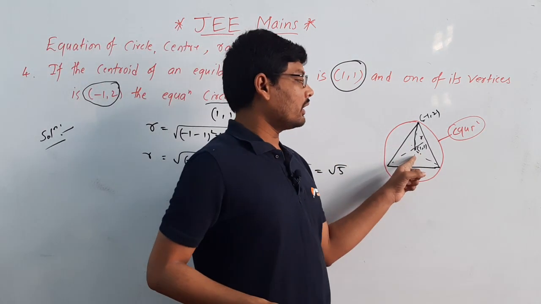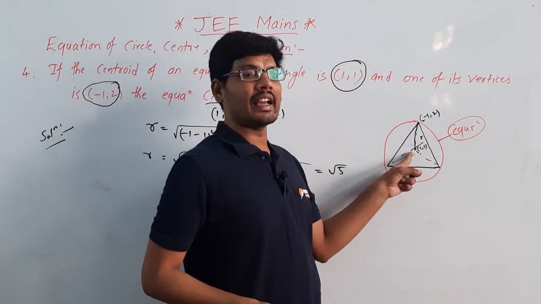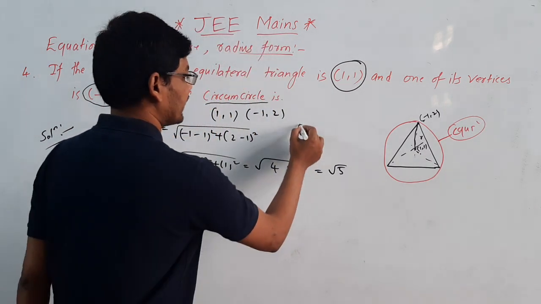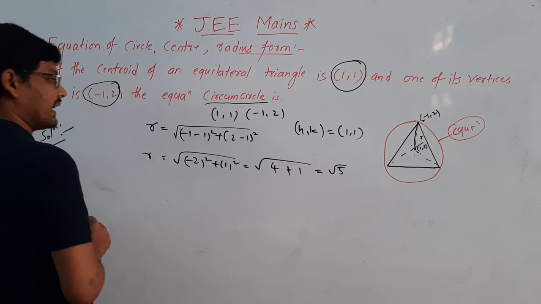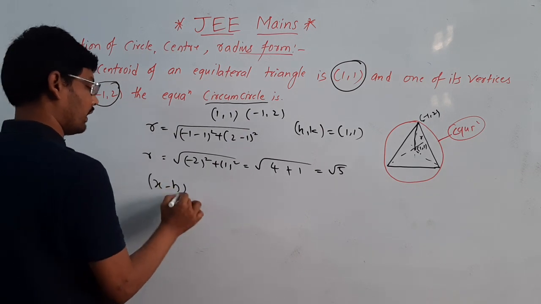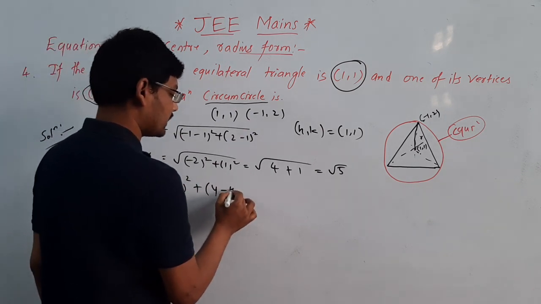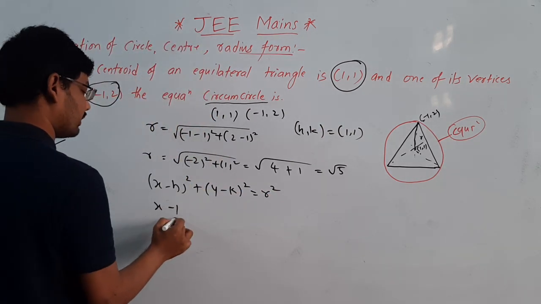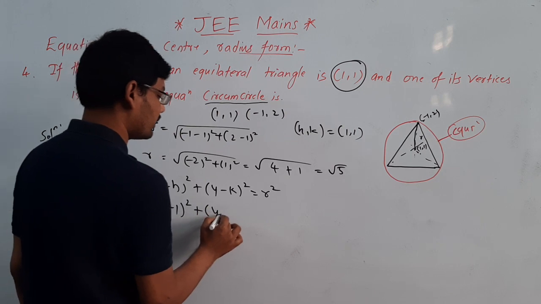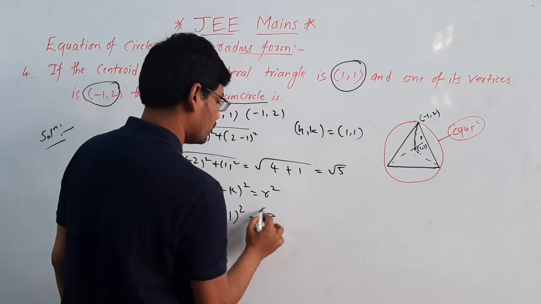But here we are considering this centroid as the center. So h, k is equal to 1, 1. So our circle equation is (x minus h) whole square plus (y minus k) whole square, that is equal to r square. Let's substitute: (x minus 1) whole square plus (y minus 1) whole square, that is equal to root 5 whole square.